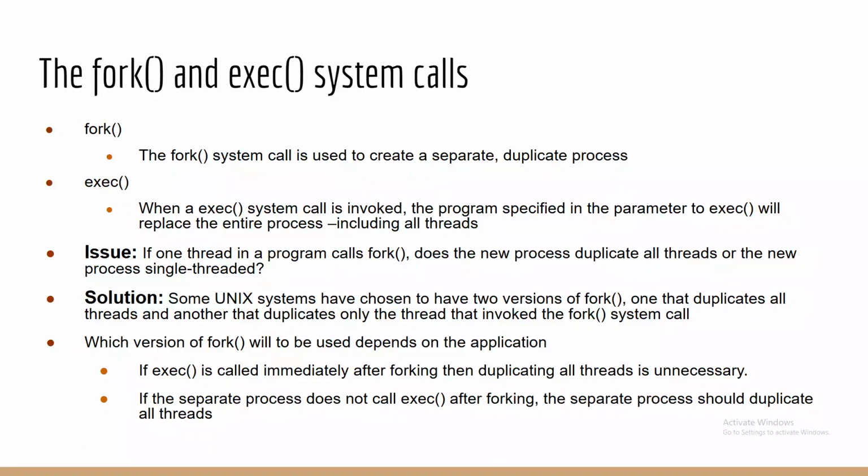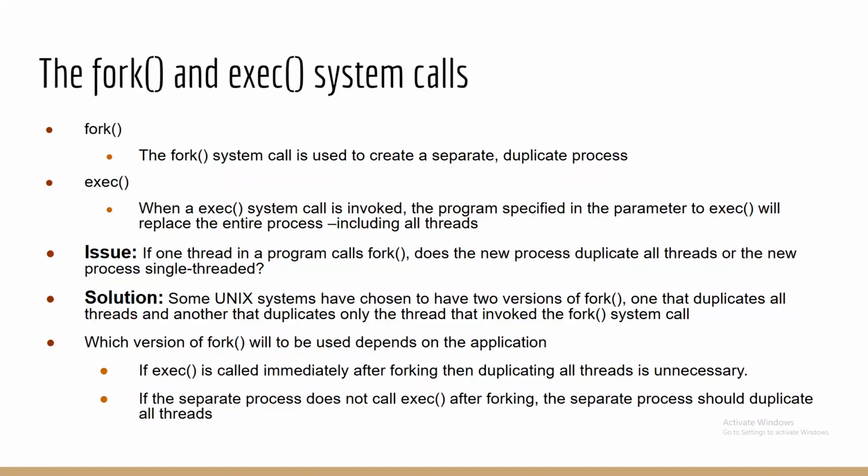This raises a crucial question in a multi-threaded program. If one thread calls fork, does the new process duplicate all the threads, or is the new process single-threaded, containing only a single copy of the thread that called the fork function?